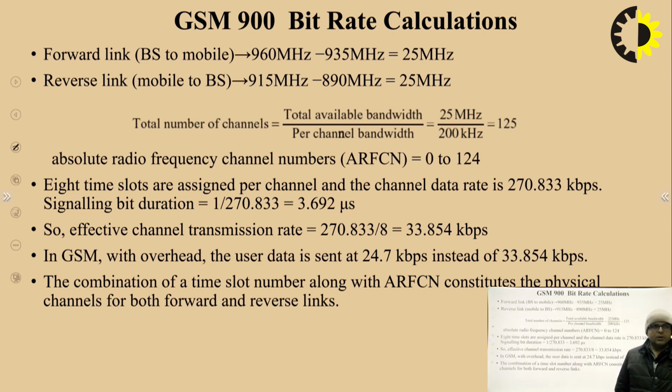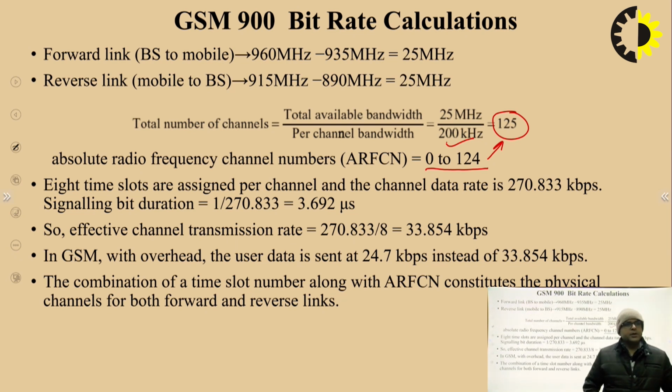So the total number of channels is the bandwidth divided by the per channel bandwidth, and we have earlier discussed that the per channel bandwidth is 200 kilohertz. So there are 125 total channels available. Now the ARFCN is 0 to 124, which contains 125 channels.